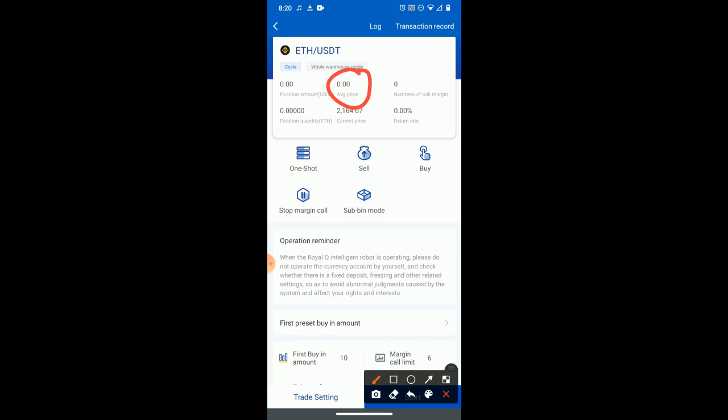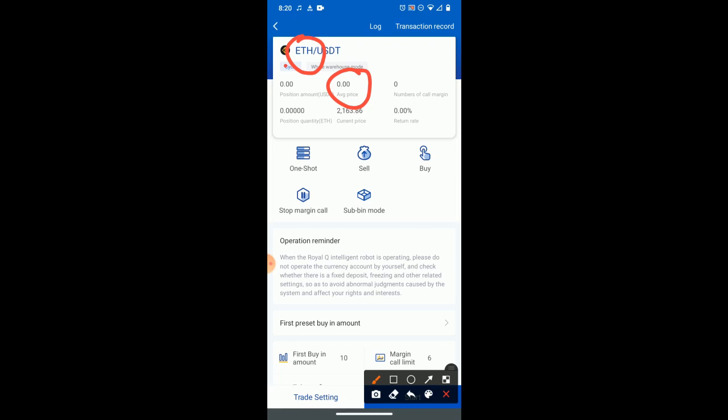Once this trade is executed, Ethereum will be bought automatically, and I'm going to have Ethereum in my wallet. The amount in US dollars would have been converted to Ethereum. That is how it works. So when you see money leaving your USDT account and you now see the coin you bought, you are having it.